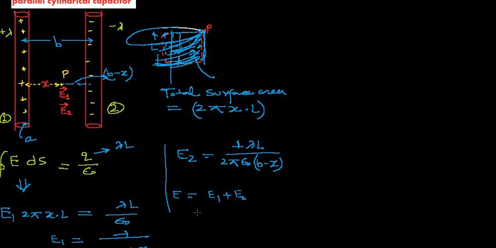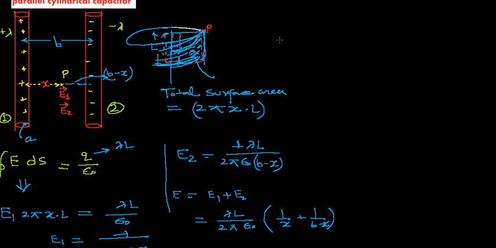Here lambda, 2 pi epsilon naught and L are constant, so take this constant out: lambda over 2 pi epsilon naught times 1 by x plus 1 by b minus x. This is the total electric field.